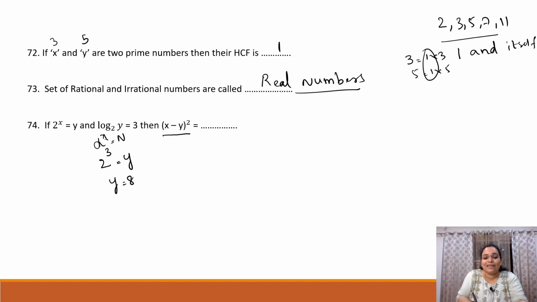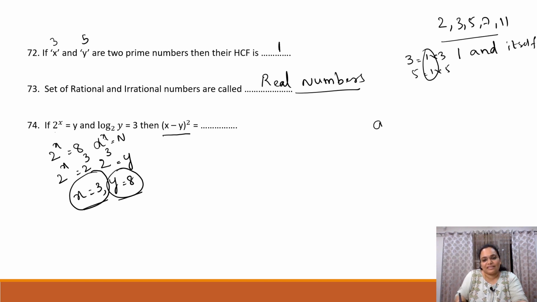When you got y equals to 8, let us put this in the equation 2 power x is equals to y. That is 2 power x is equals to what is y? 8. 2 power x is equals to 2 cube. 8 can be written as 2 cube. So x is equals to 3. Right? You have got x is equals to 3 and y equals to 8. Now let us solve this equation.